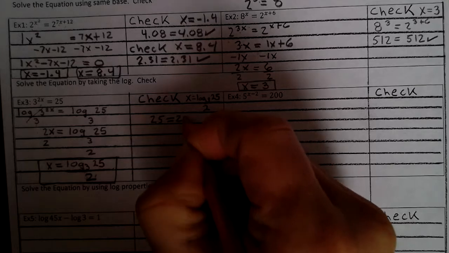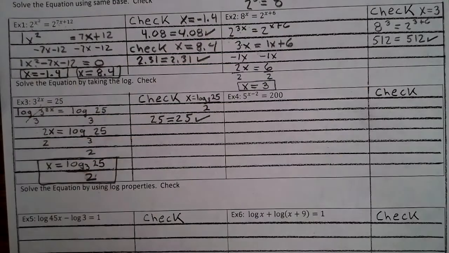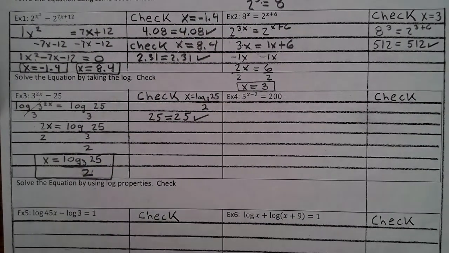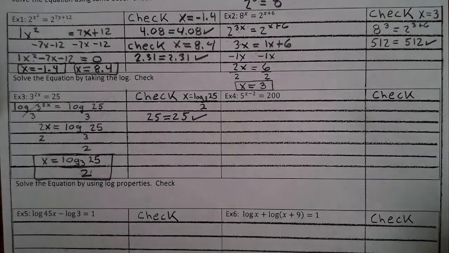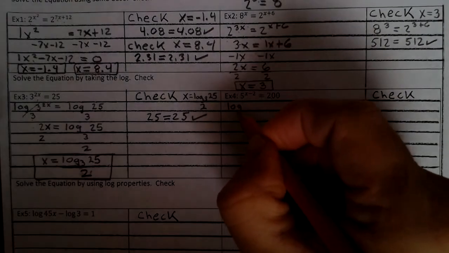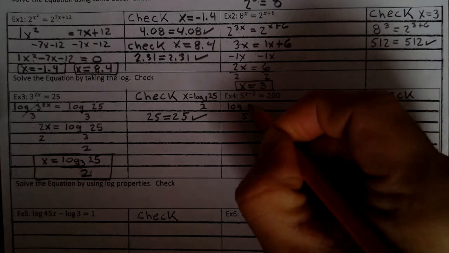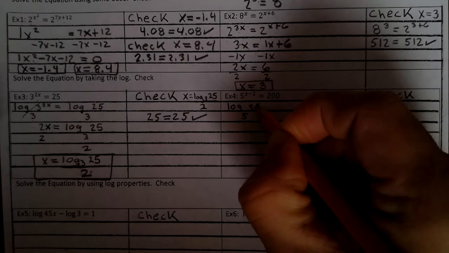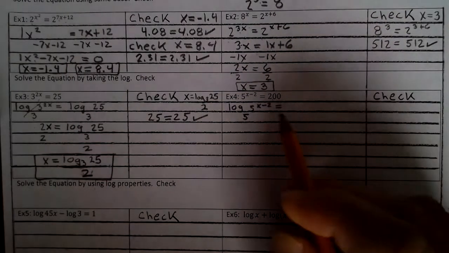Okay. Now let's take a look at example 3. Same concept. We're going to take log base 5 of both sides. So that's log base 5 of 5 to the x minus 2 equals, and again, what you do to one side, you have to do to the other. So log base 5 of 200.